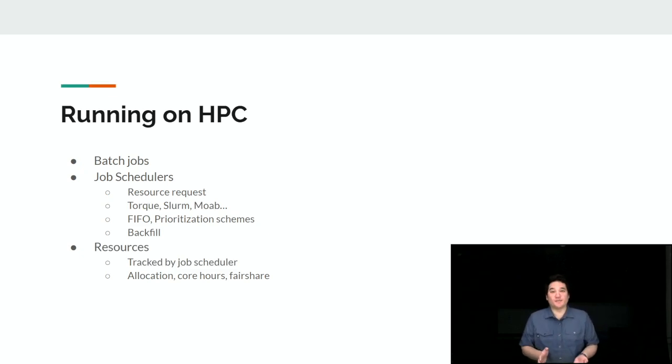There's multiple types of job schedulers, Torque, Slurm, Moab, tons of other ones that you use. It's a piece of software that can take in a job request. And then you have your prioritization scheme. There's stuff like first in, first out, which would be kind of the naive way of doing it. You can also have different prioritization schemes. It might be, hey, this group is more important because their research needs to be more real time.